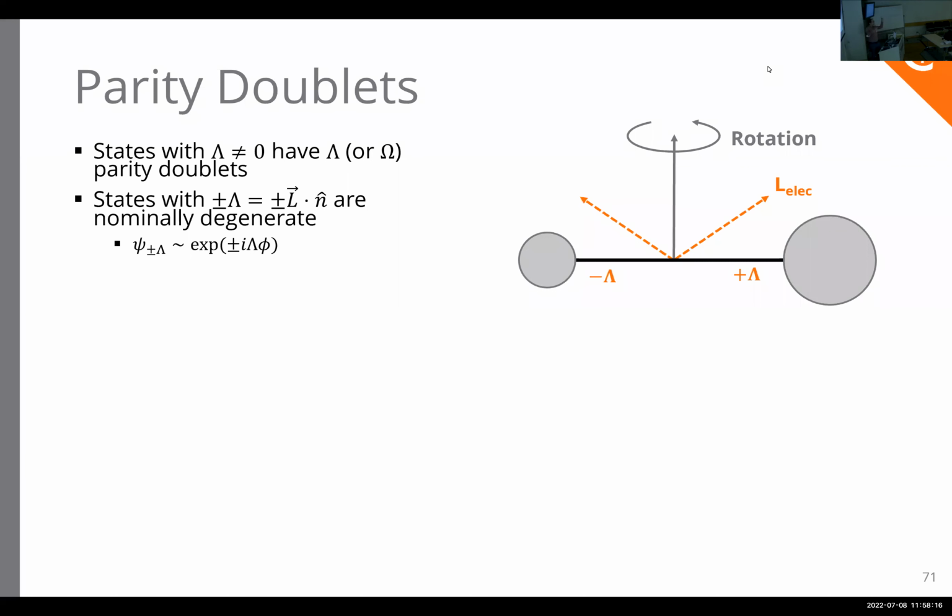The wave function of something orbiting around an axis, the wave function part for the angle around the axis is always just e to the i angular momentum times phi. That's basically these are the eigenstates of LZ, the LZ operator, which is just like d by d phi.